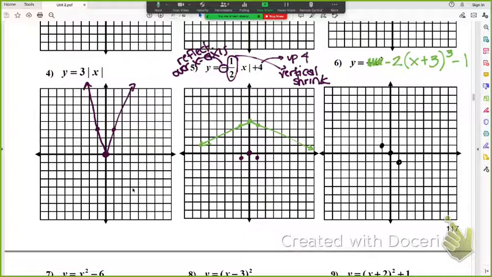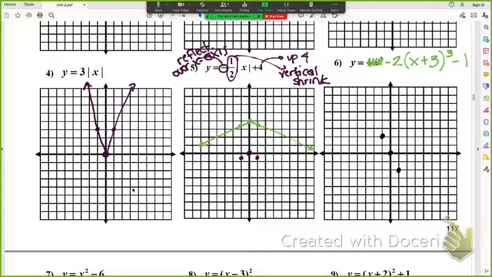So it takes this point and stretches it 1 block further, or twice as far. It takes this one and stretches it twice as far up. So that means the negative is taken care of. Now I have these points. That's what the vertical stretch does. It stretches it either side, up or down.